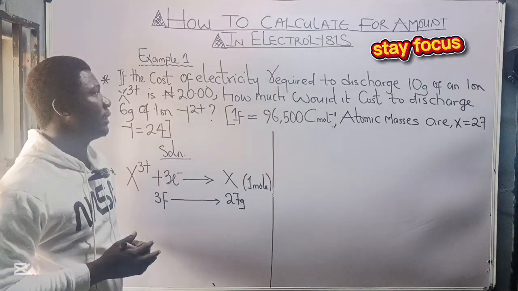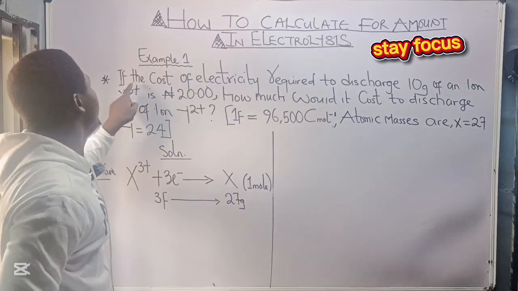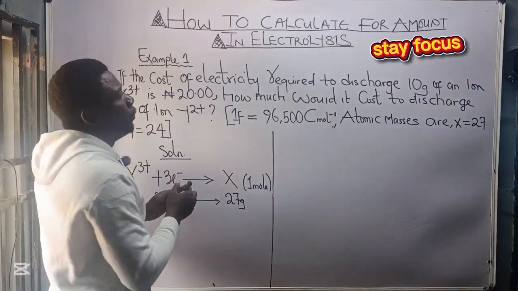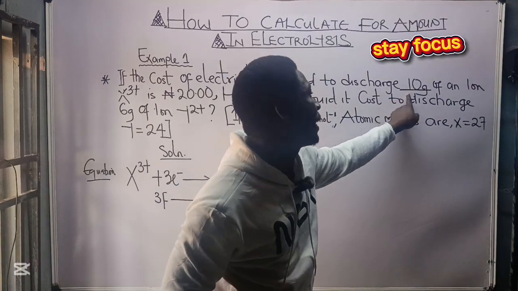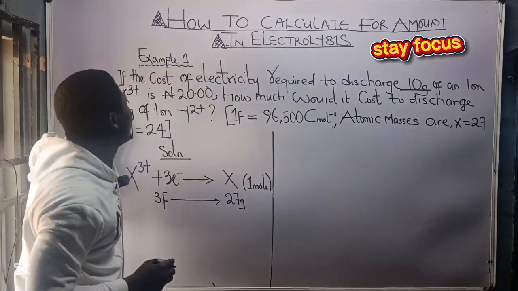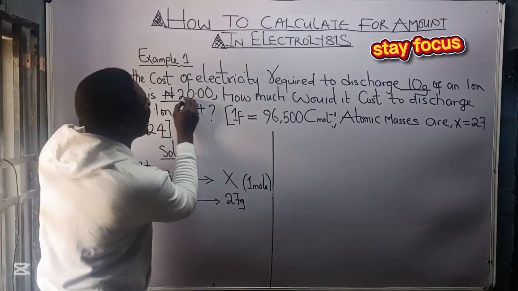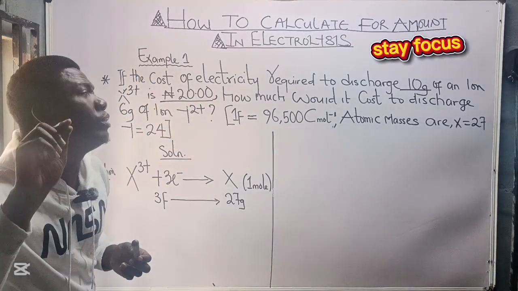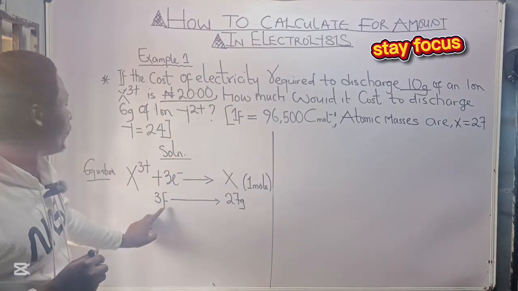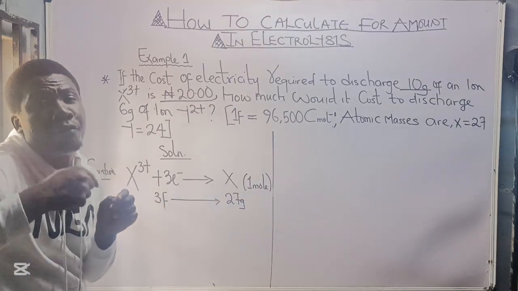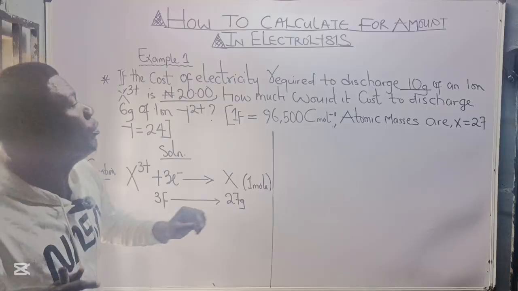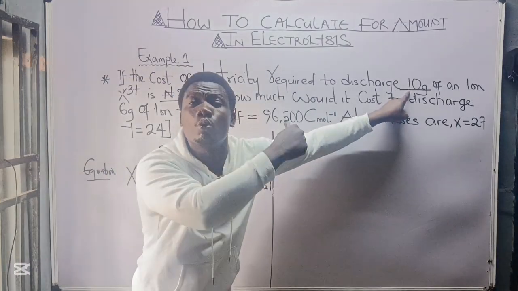So if you go back to the question, it says the cost of electricity required to discharge 10 grams of the ion, X raised to the power of 3 plus, is 20 naira. Now, if I know that 3 Faraday gave us 27 grams of X, let me check for the number of Faraday that will give us 10 grams as given in the question.